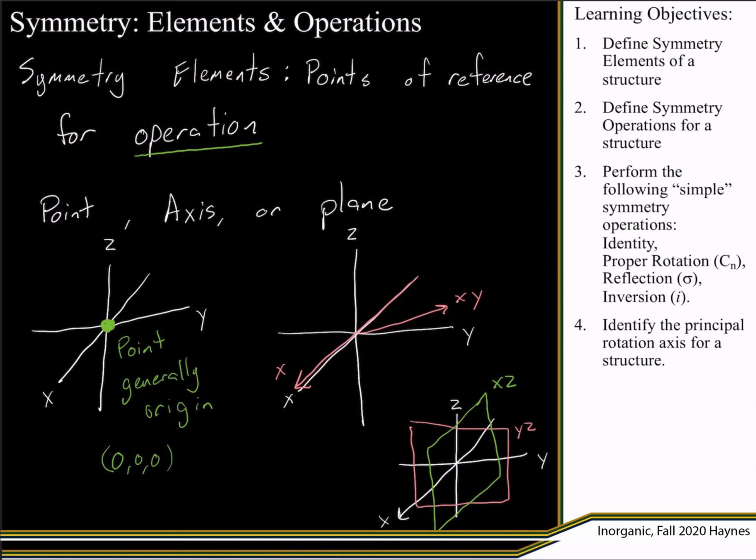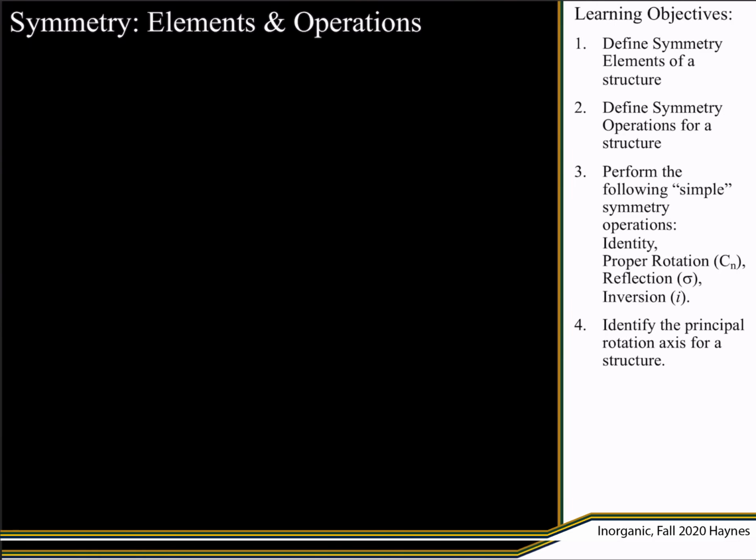So let's actually talk about some molecules, right? Let's build some molecules and think about how these symmetry elements and symmetry operations come into play. Our first example is platinum tetrachloride, and we're going to give it a 2- charge. Part of the reason for this is that we want this to be a square planar complex.